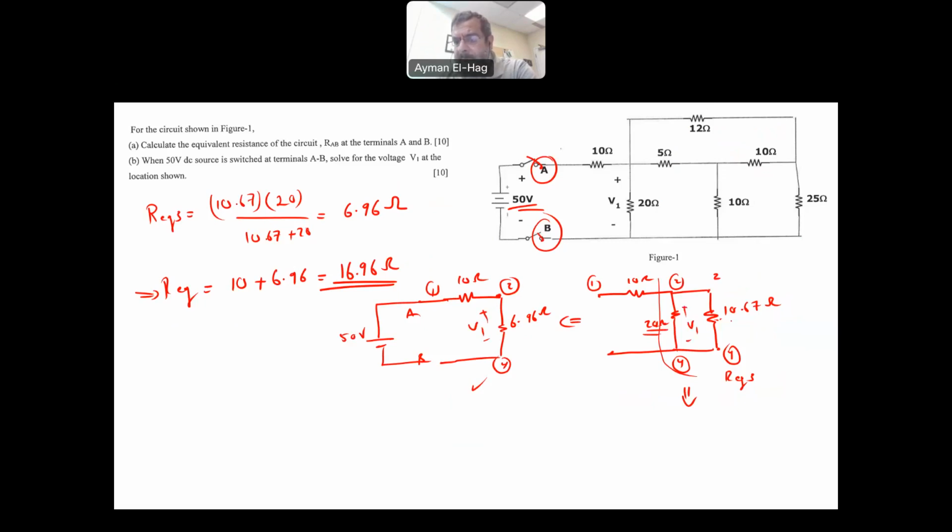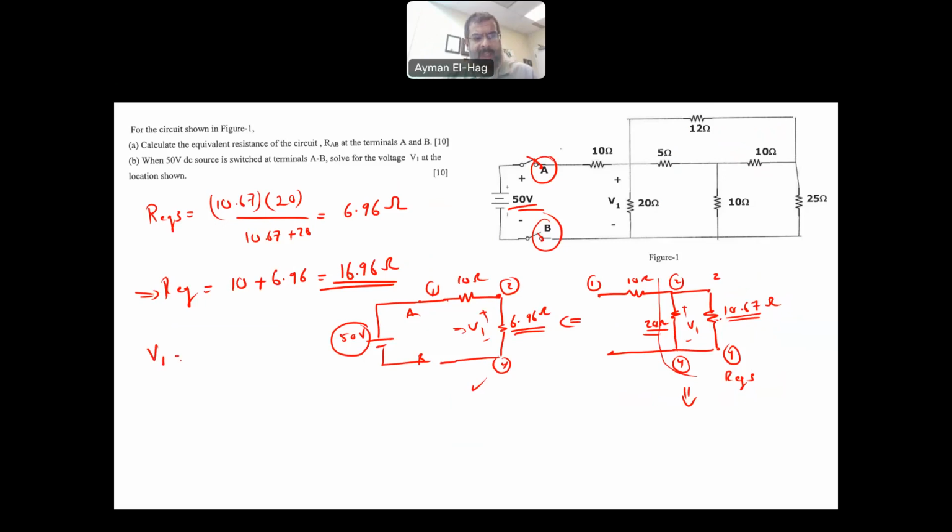Because the 20 ohm and the 10.67 were in parallel, they share the same voltage. And the equivalent resistance, which is the 6.96, will also have the same voltage V1. Okay? So basically here I have a voltage supply connected in series with two resistors, and I want to find V1. The best way is to use a rule called the voltage division. What is the voltage division?